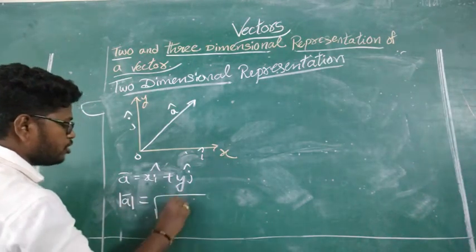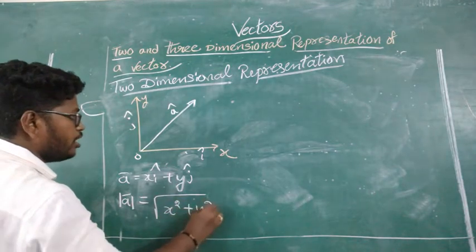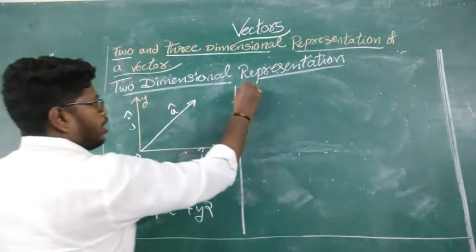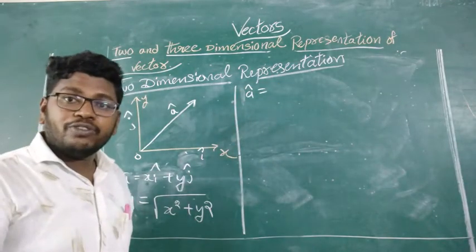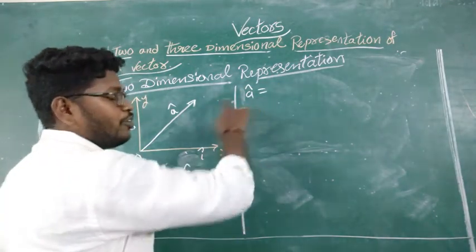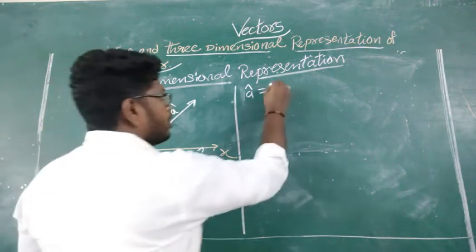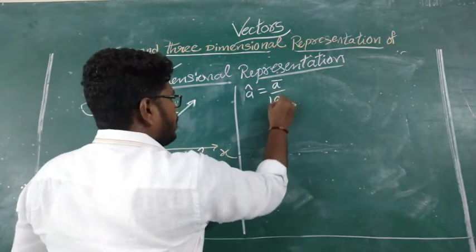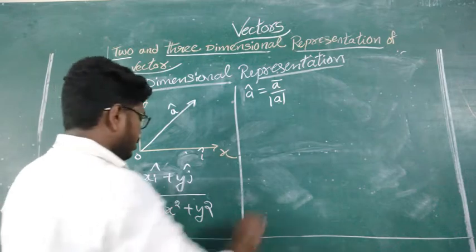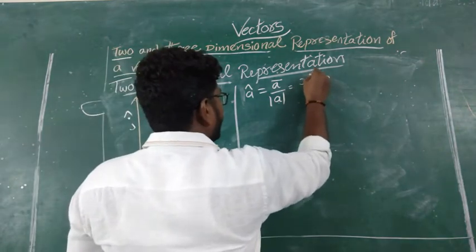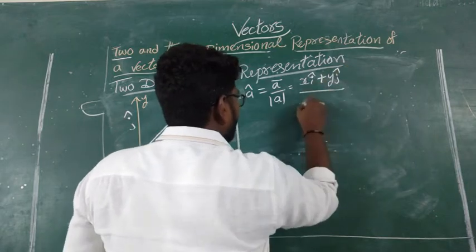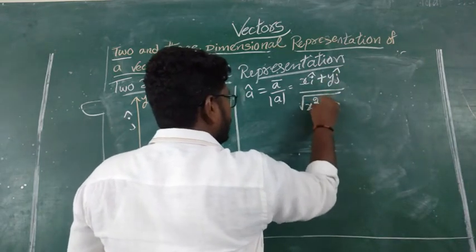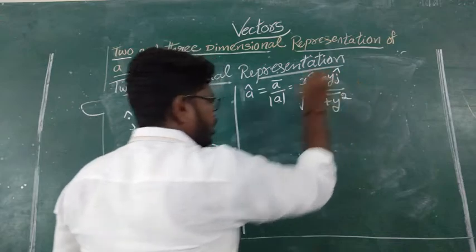Root of x square plus y square. And how should we write the unit vector? What is the unit vector of A? The unit vector of A we can write as A cap, that is A bar by magnitude of A, that is x i cap plus y j cap by root of x square plus y square.